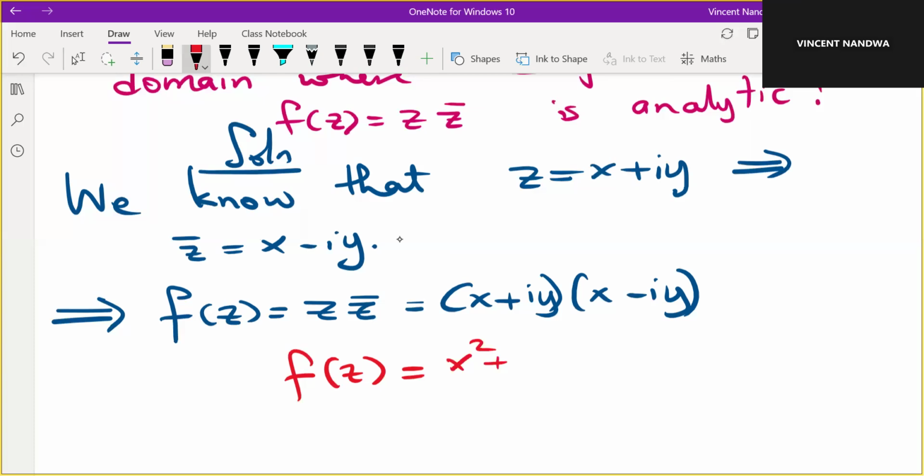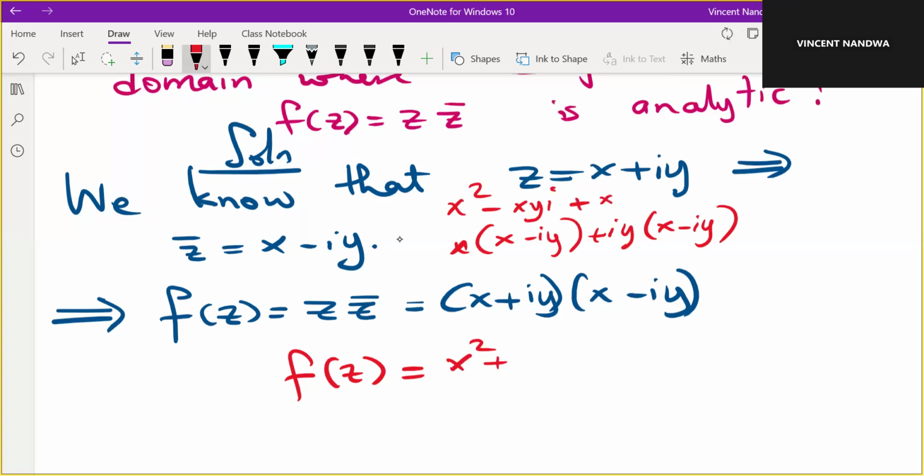So what is happening here is that x multiplies x minus iy, plus iy multiplied by x minus iy. So x times x is x squared, x times minus iy is minus xyi, iy times x is plus xyi, and i times minus i is minus i squared, which is actually plus 1.